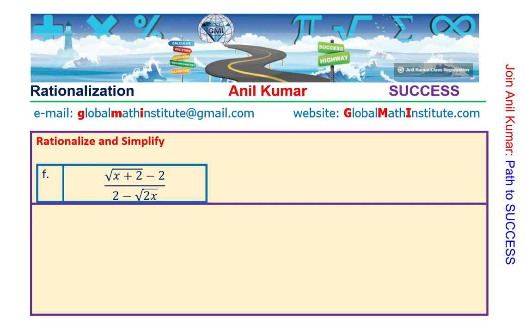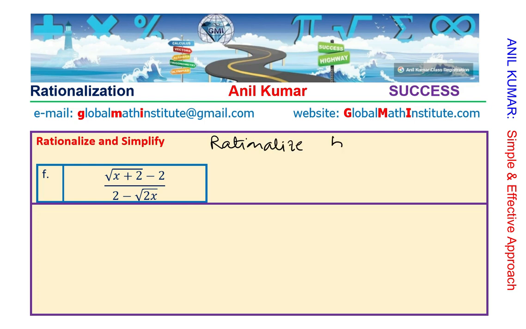Here's the last question for you. Here you see radicals in both numerator and denominator. So we need to rationalize both numerator and denominator, right? Perfect.